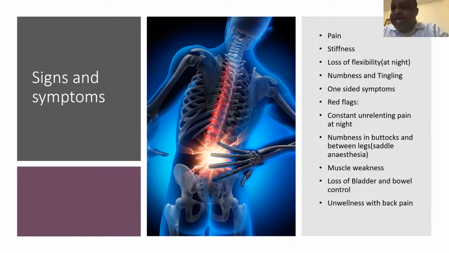Now, when the numbness is in the buttocks and in between your legs, like when you're sitting on a horse, the saddle area, if there's numbness around that area, it shows that the nerves in the back are being compromised significantly. That needs urgent attention. And so please don't sit at home, don't wait for the GP if you have any of these symptoms. Muscle weakness, loss of bladder and bowel control.